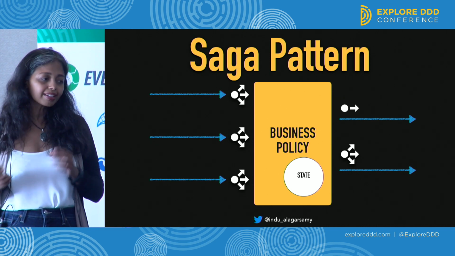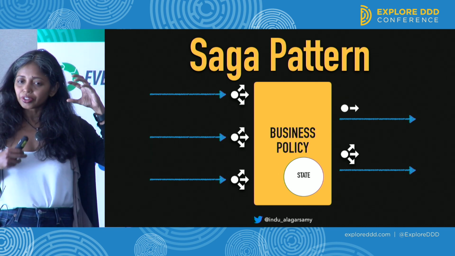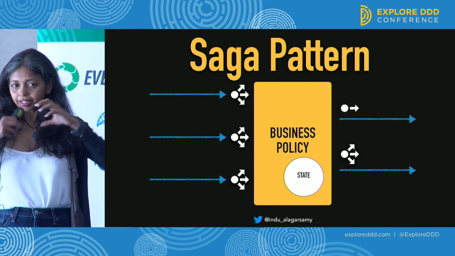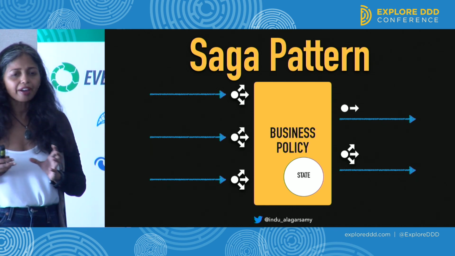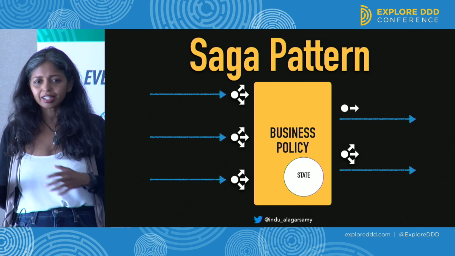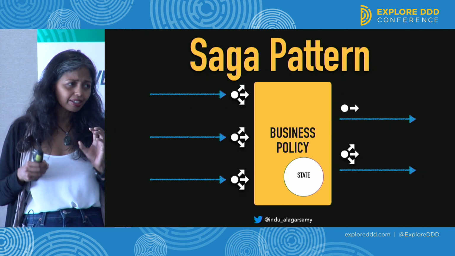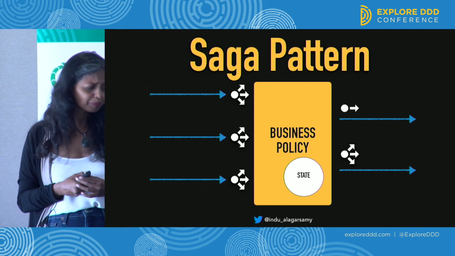So a Saga is a useful pattern where, when a message comes in, you put something internally. The state here for the pattern is very private. It's not like a separate database or the business database that you're using. It's very private and very, very internal.